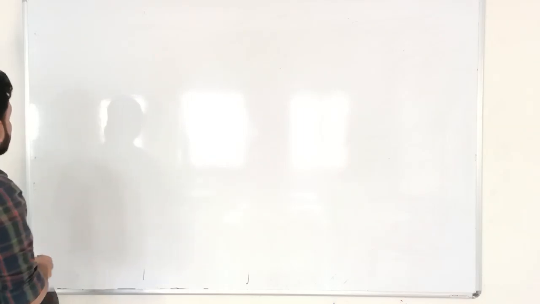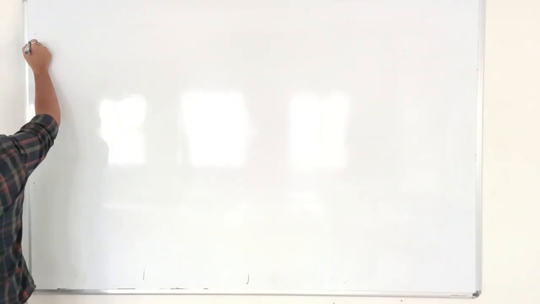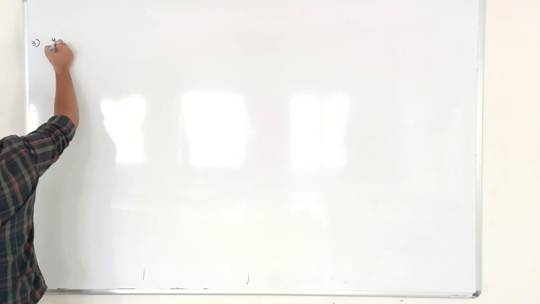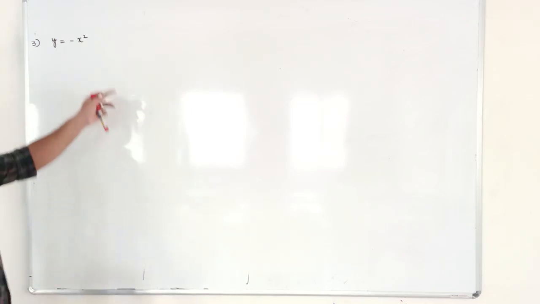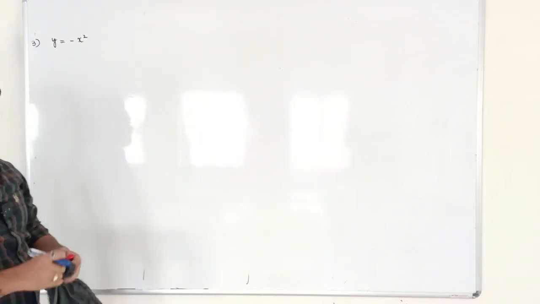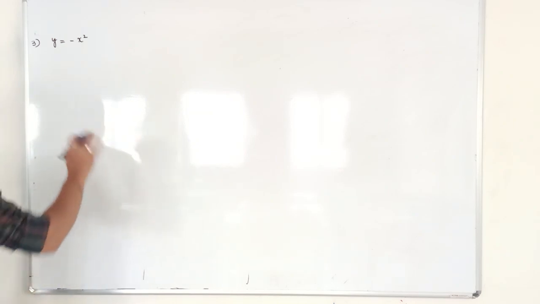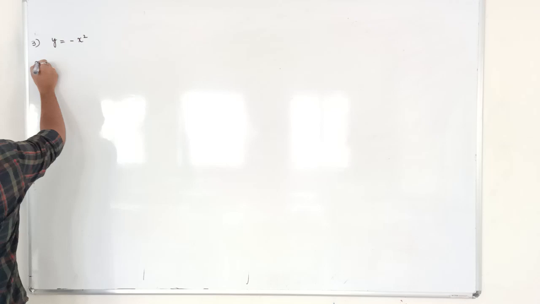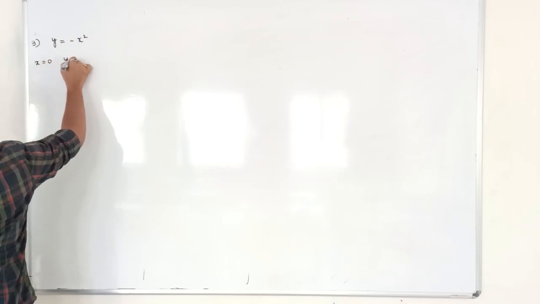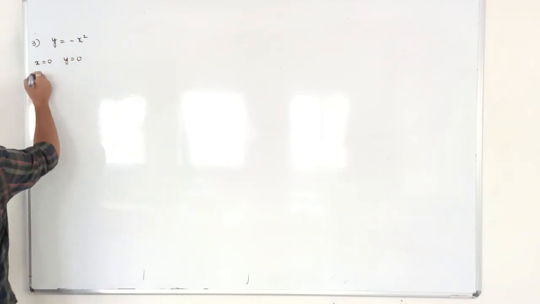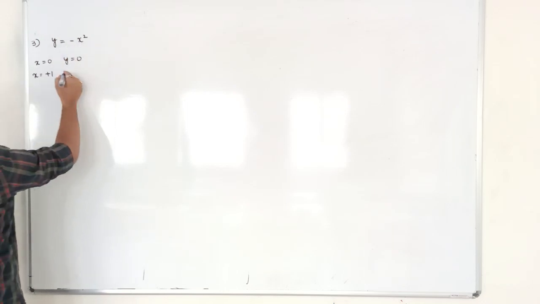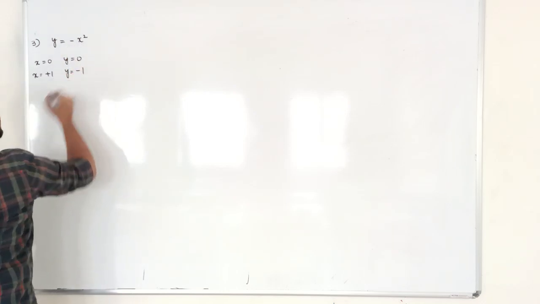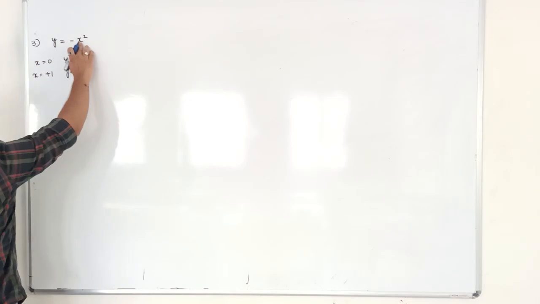Right? See here. Suppose let's say in the parabola, we are taking y equal to minus x square. So we have taken y equal to plus x square, now we are taking y equal to minus x square. When x equal to 0, y becomes 0. Correct? When x equal to plus 1, 1 square 1, y equals to minus 1.